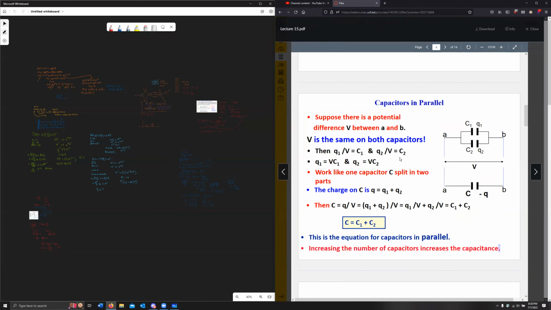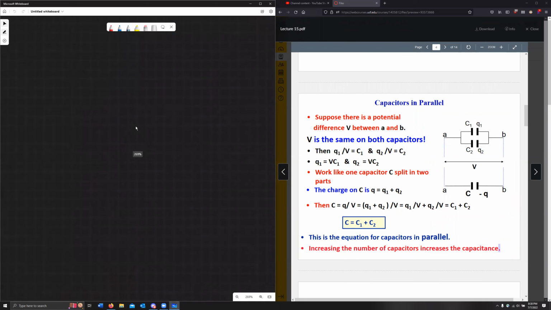Yeah, that's going to be your rule for parallels. So the parallel equation is C equals C1 plus C2. Okay. And I'm pretty sure that, okay, let's see.